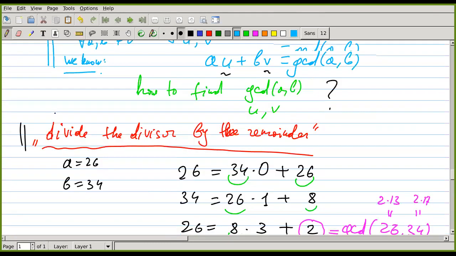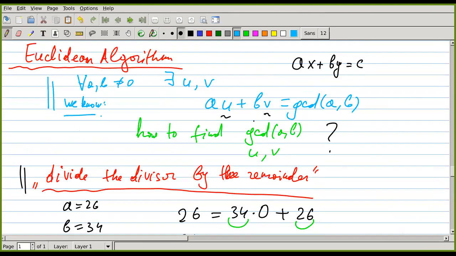So now we know how it is possible to compute the greatest common divisor without any factorizations, just by doing chained integer division, which boils down in its turn to chained subtraction. And how is it possible to find U and V?